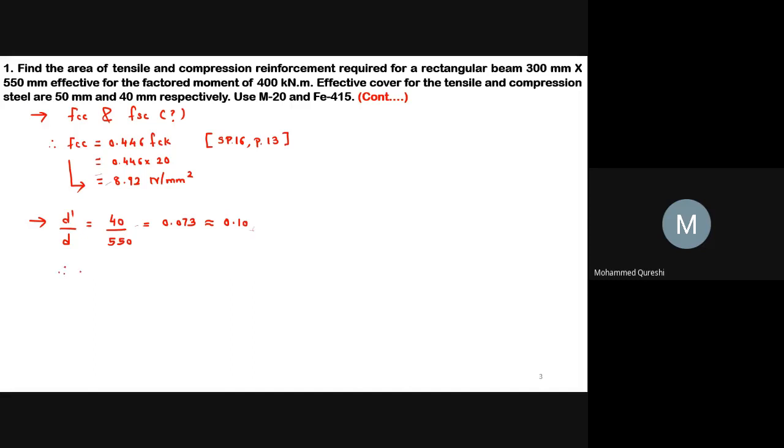Now the value of fsc can be calculated using d dash by d equals 0.10 by using SP16, page 13, table number F. So you will get the value of fsc for d dash by d 0.10 as 353 Newton per mm square.